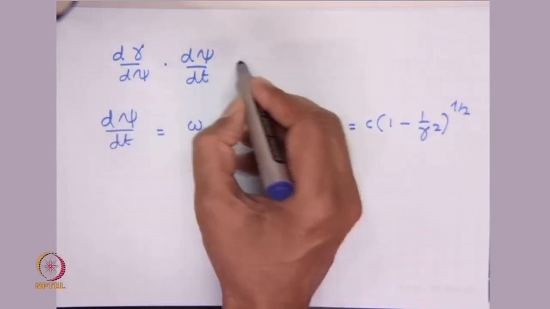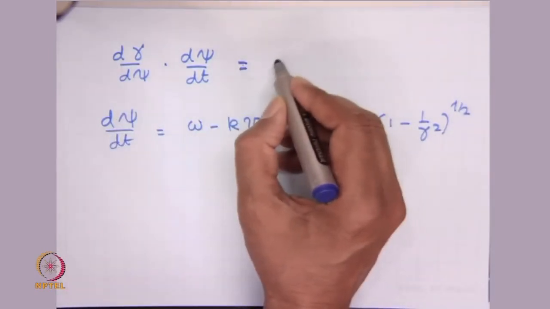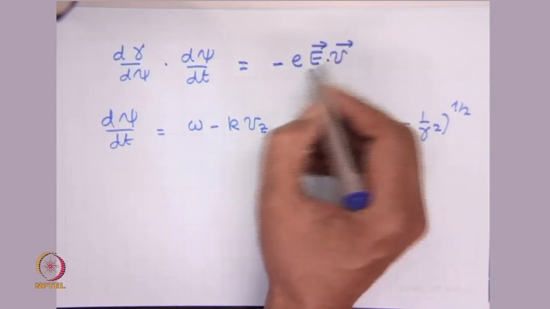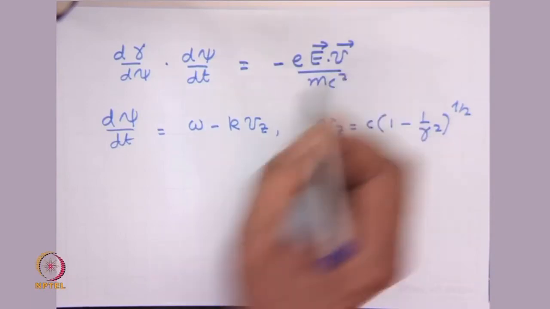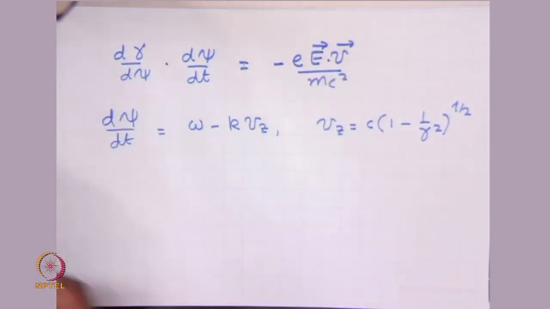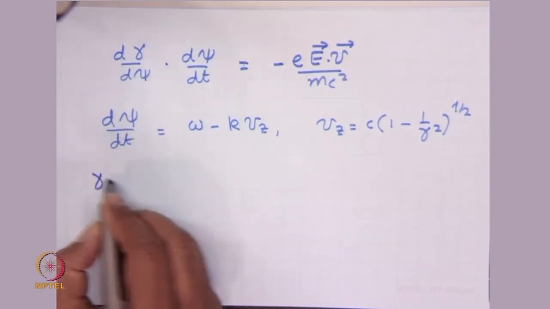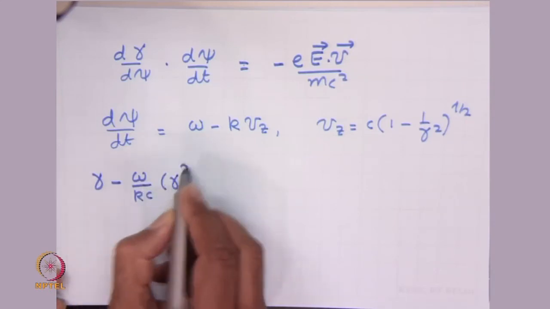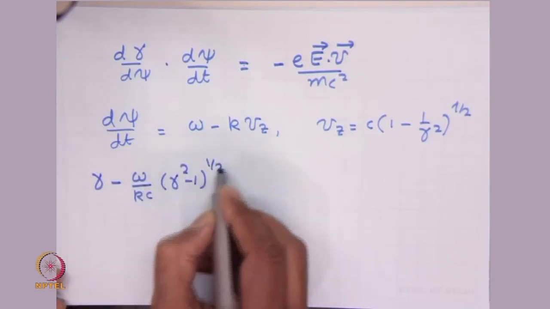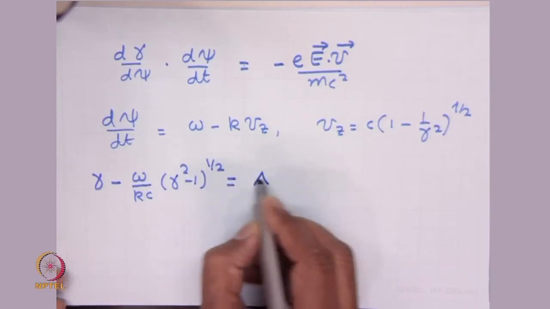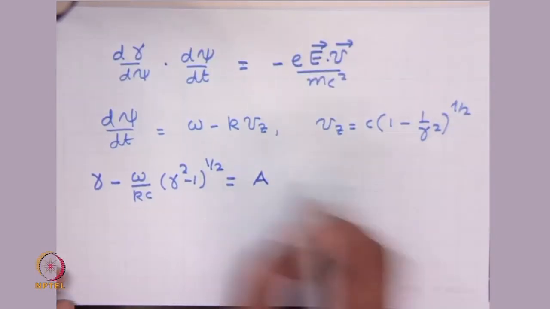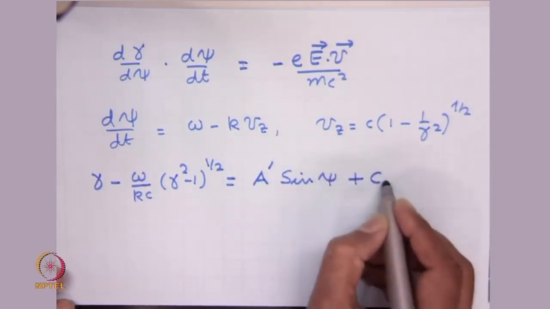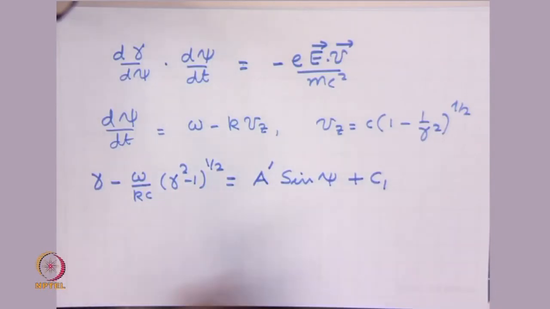So, this equation, which is equal to minus E dot V upon mc square, can be written as a gamma versus psi equation, and the solution turns out to have this form: gamma minus omega by kc into gamma square minus 1 to the power half is equal to some normalized amplitude of the plasma wave sin psi plus a constant of integration that depends on the initial conditions.